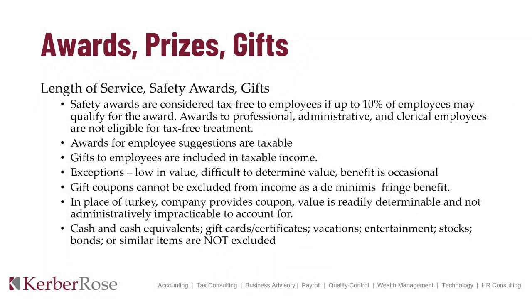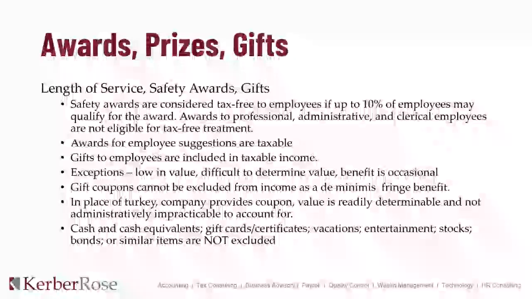So going back to those de minimis benefits that I was just talking about, gift coupons cannot be excluded from income as a de minimis, and basically that's because they're not difficult to determine value. Because if it's a gift coupon, it's likely for a $15 item or something along those lines.